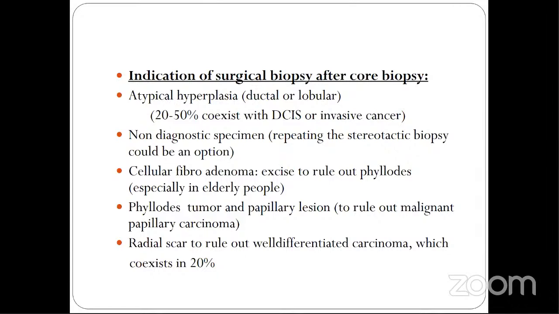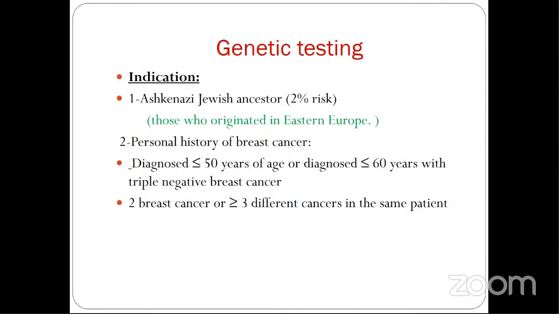Cellular fibroadenoma, phyllodes tumor and papillary lesion, because phyllodes may be benign or malignant. We'll go for radial scar in detail and phyllodes tumor in detail.